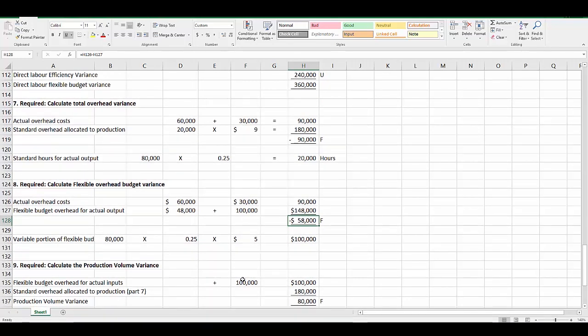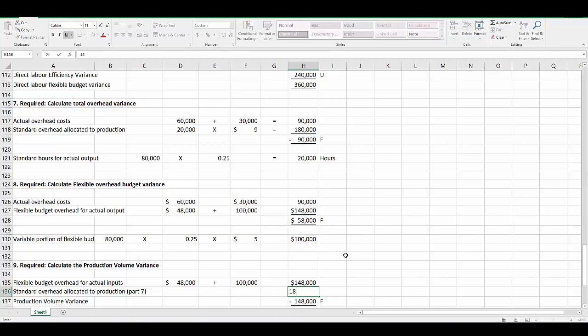So the final section in this problem is to calculate the volume variance. In part 9, we are looking at our flexible budget, which we've just calculated, our 48,000 and our 100,000 from the previous part, so it's 148,000, and the standard amount of overhead that you should have allocated is 180 from part 7.